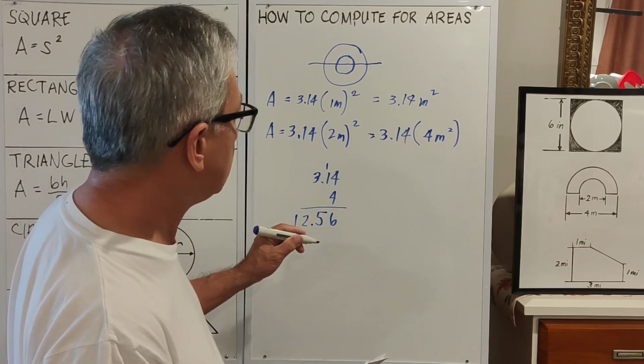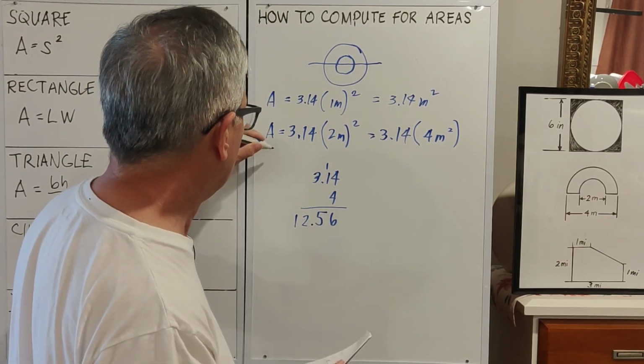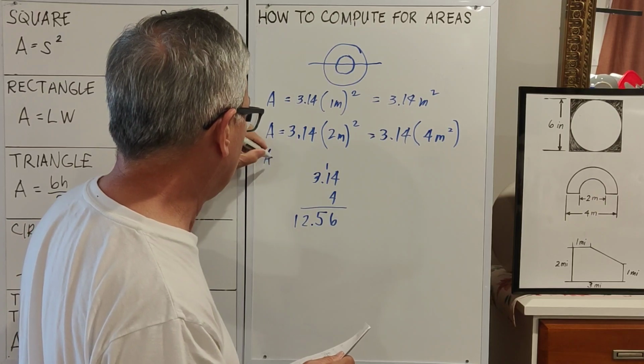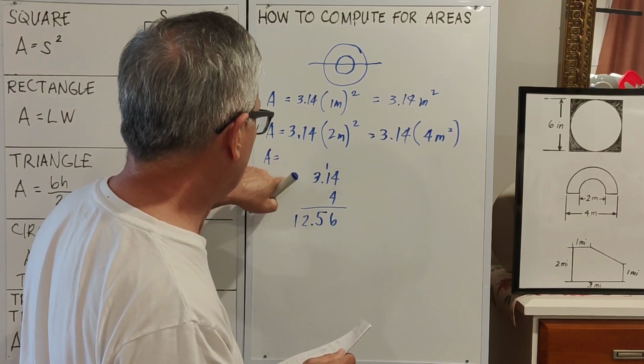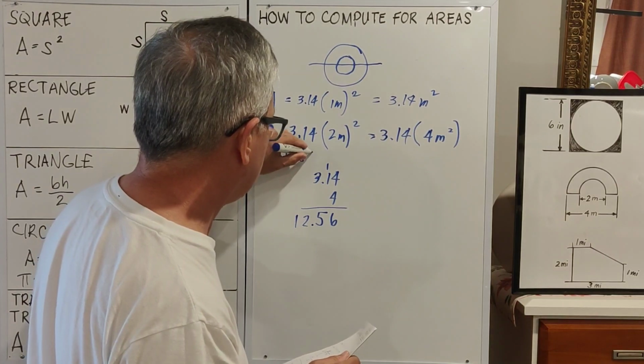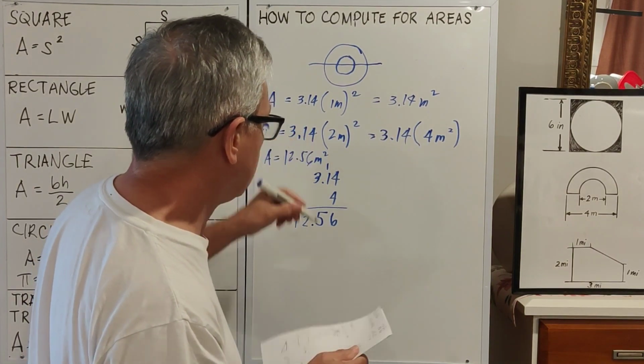So this is the area of the larger circle, 12.56 meters squared.